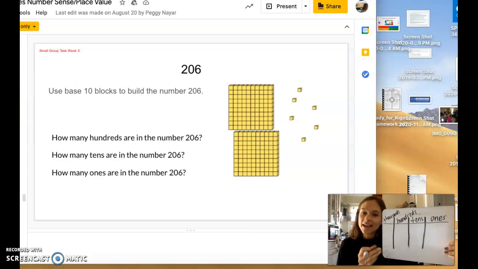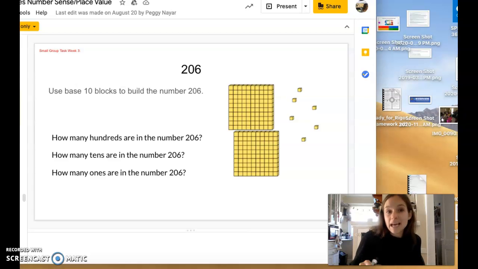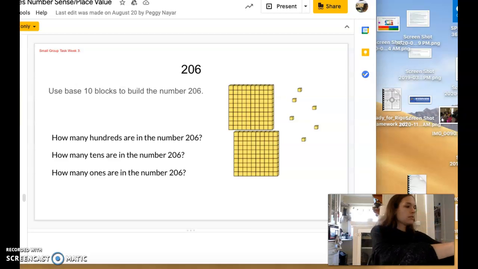Alrighty. Welcome back. I hope you have your place value chart ready to go. We're first going to use base 10 blocks to build the number 206.